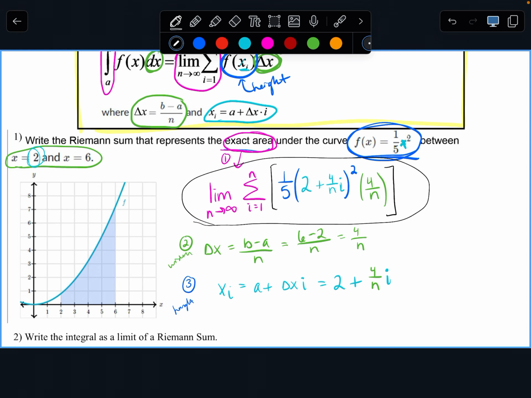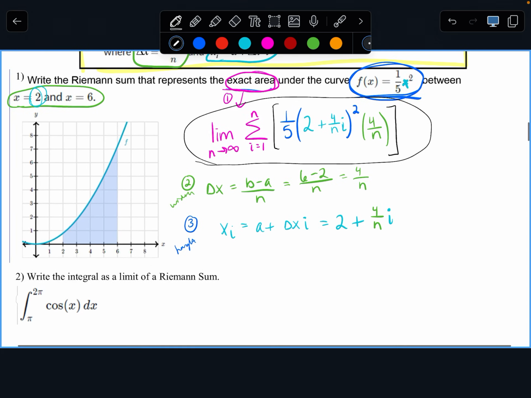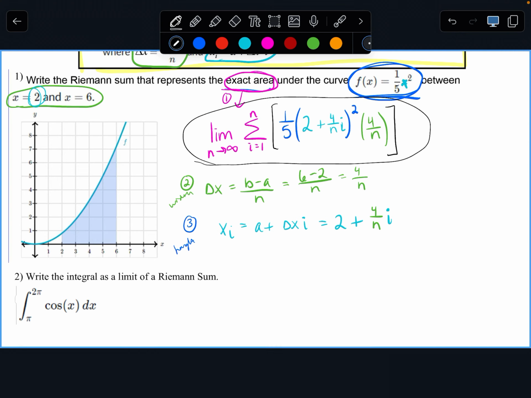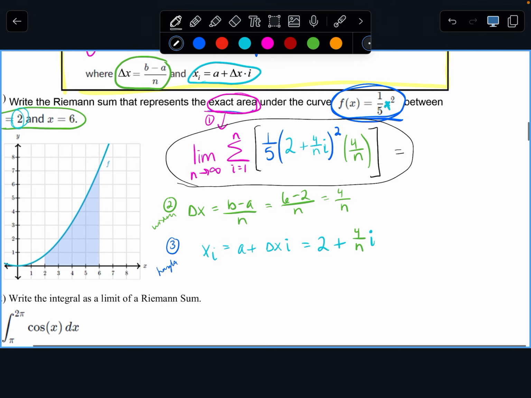i is your counter. So if I were to start doing this, if I plugged 1 in, like my first rectangle, well, I'm going to infinity though. So if I do my first rectangle, my second rectangle, my third rectangle, because you know how you would do this for sigma, you keep adding stuff, but we're adding an infinite amount.